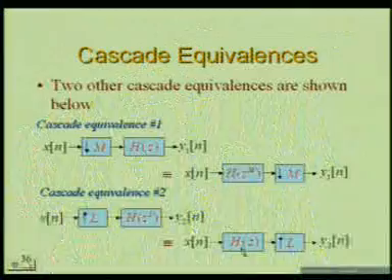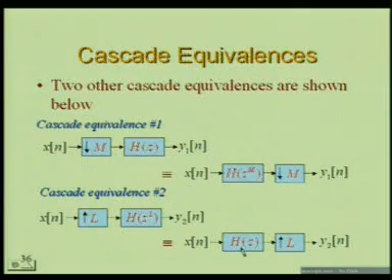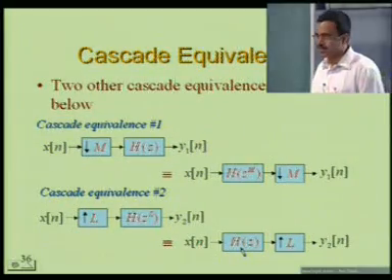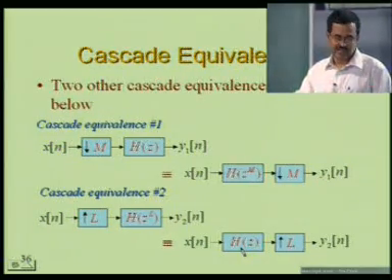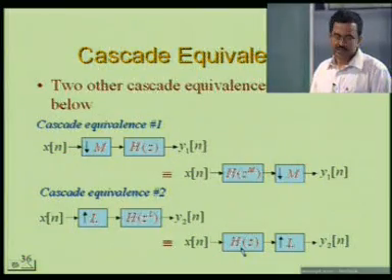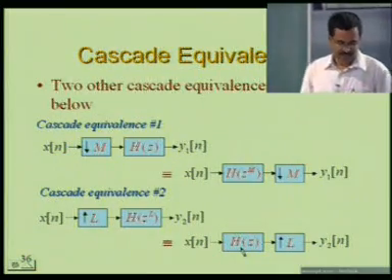Then we should have a look at the cascade equivalences. Two other cascade equivalences are shown below. Cascade equivalence number 1: x[n] is downsampled by a factor of capital M, then passed through a filter with transfer function H(z), and we get the output y1[n].